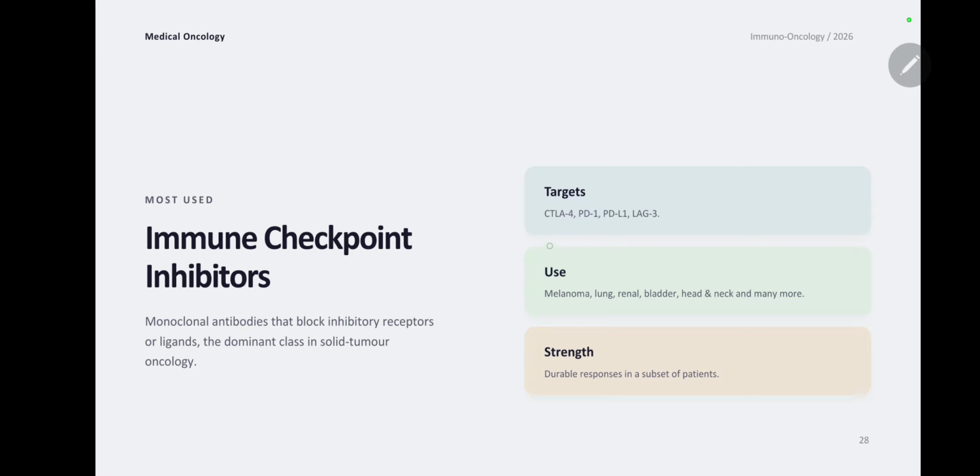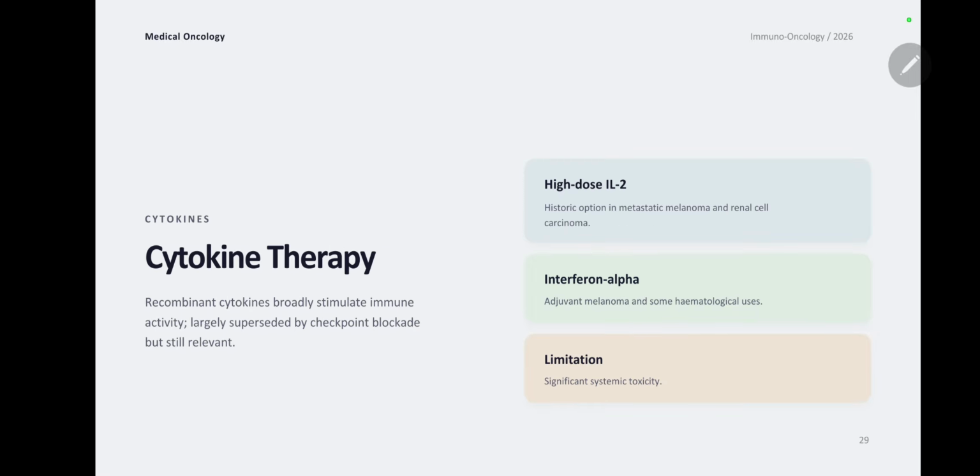Immune checkpoints include CTLA4, PD1, PDL1 and LAG3, used in melanoma, lung, renal, bladder, head and neck and so many cancers. Now cytokine therapy, which we discuss, is called active immunity. Cytokines are high dose interleukin 2 and interferon alpha. These two types of cytokines were previously used in melanoma.